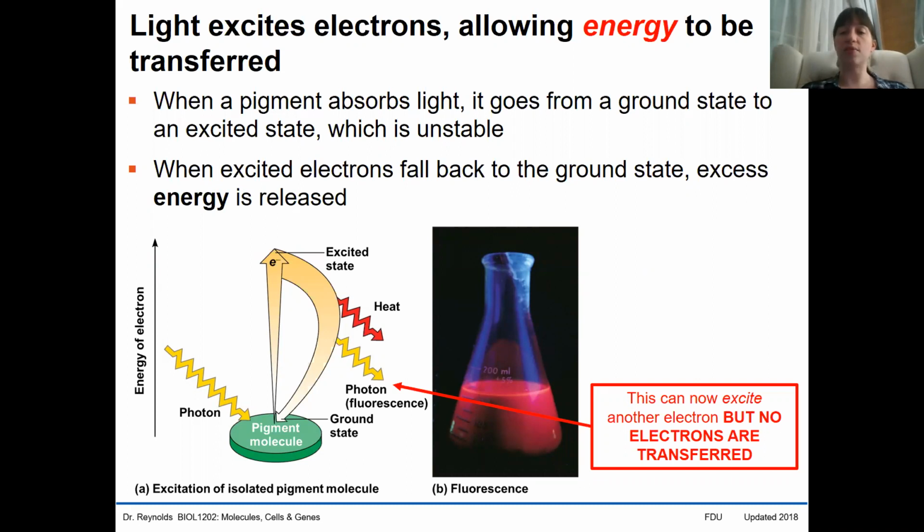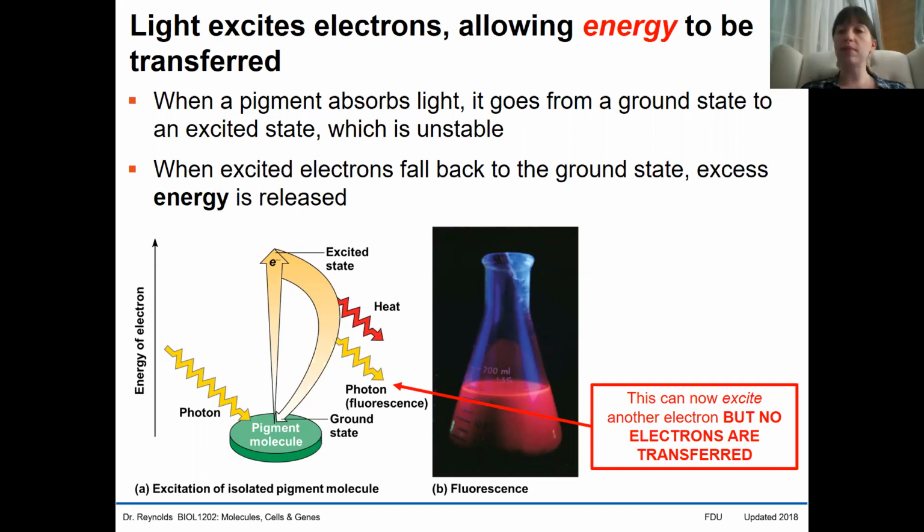When these electrons become excited, as with all molecules, they would prefer to fall back down to the more stable, lower free energy state. But this light energy is not going to be destroyed in order for this electron to be able to come back to a more stable state. And so it simply becomes transferred to another molecule.